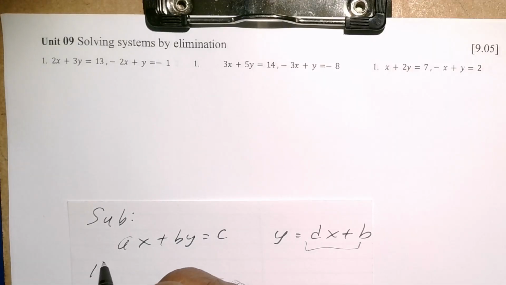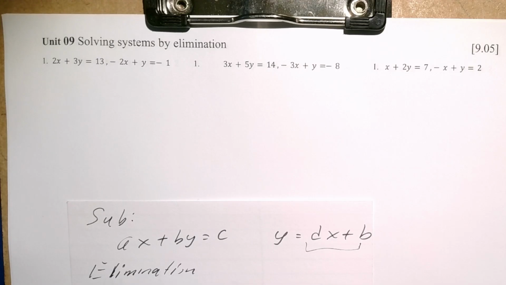For elimination, you want both equations in standard form. So you want one to have x and y on the same side, the constant on the opposite side, and you want the other one to have the same form. Okay?